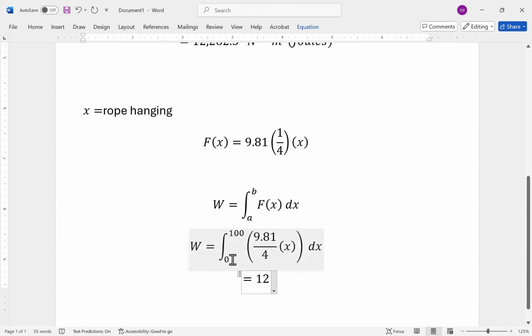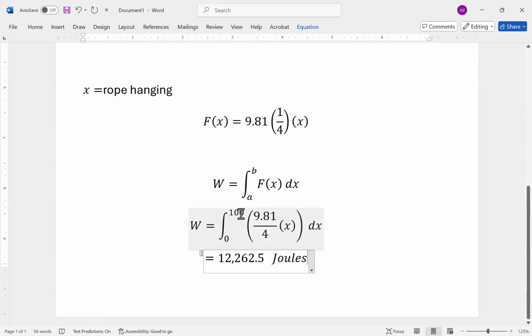But again, this integration order gives you a positive value. So there we go. 12,262.5. Again, this is in joules if we're dealing with Newton meters, which are joules.